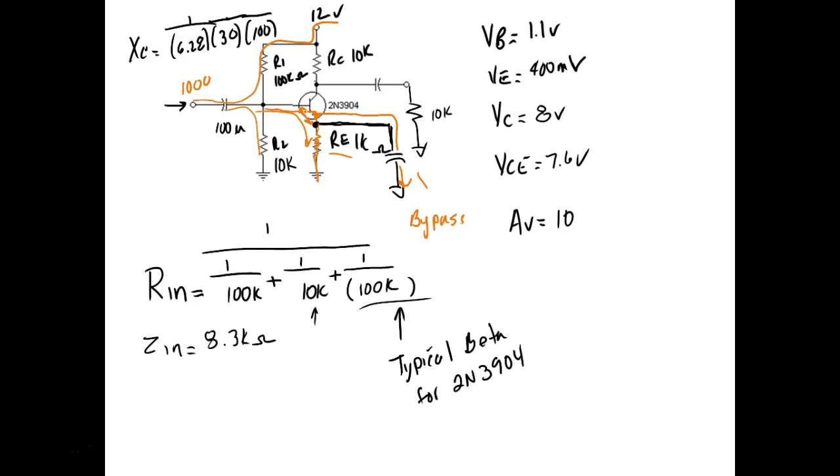So what we have is what we call RE, which we usually write in uppercase letters, and then we have something called re prime, which I'm going to write in lowercase letters because this is AC. This is the signal coming into our amplifier. This is the dynamic resistance of a PN junction.